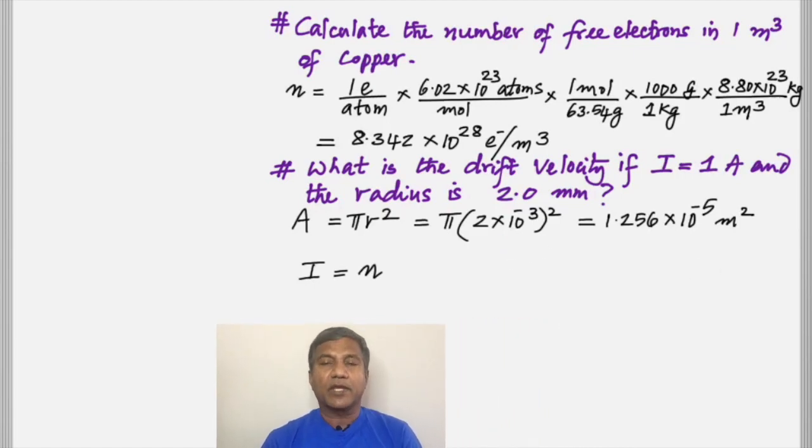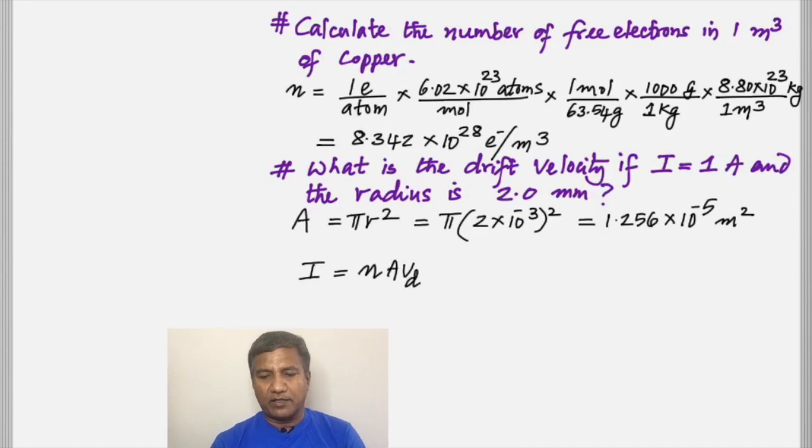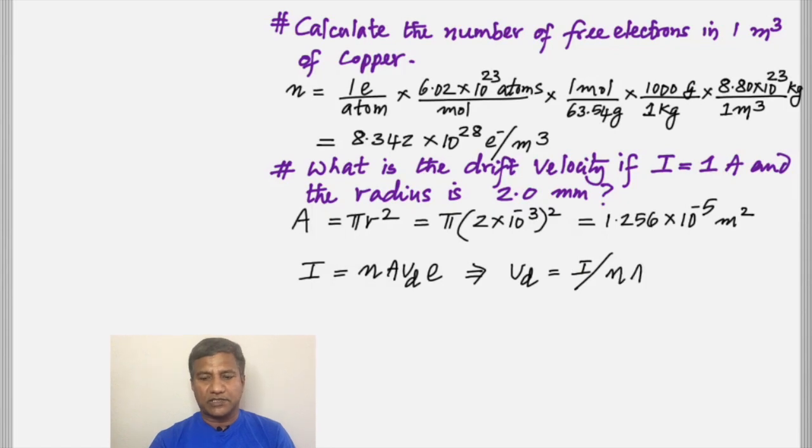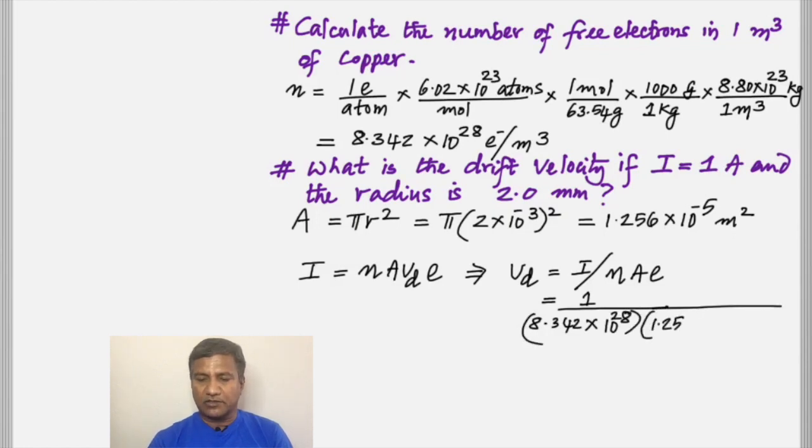Then I is equal to n A q v sub d, and making velocity the subject, rearranging it, we substitute the value of current as 1 ampere, and we just got the number of free electrons, 8.342 times 10 to the 28 in every meter cube.